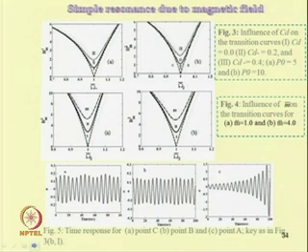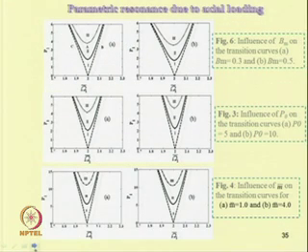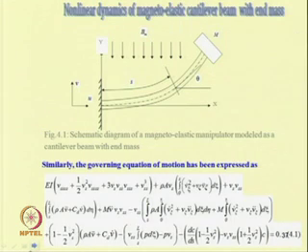Similarly, one can study the influence of different system parameters due to this magnetic field, due to different values of static loading P 0, and different values of mass ratio. Also, one can compare these results by plotting the time response of the system. So, this way one can study the influence of different system parameters on this instability region when it is subjected to both magnetic field and axial load.